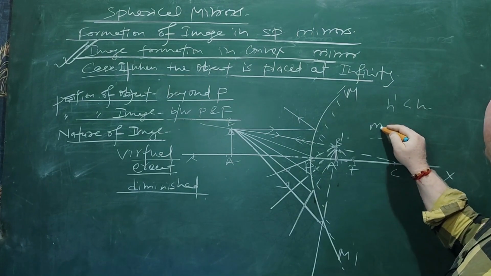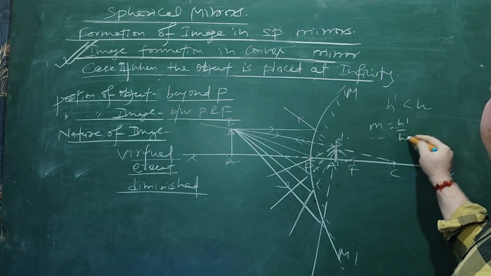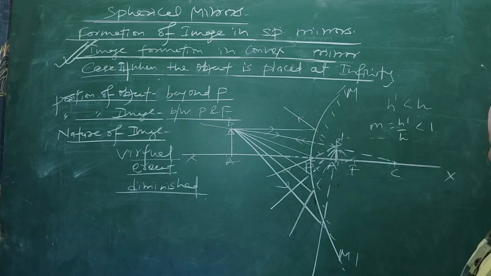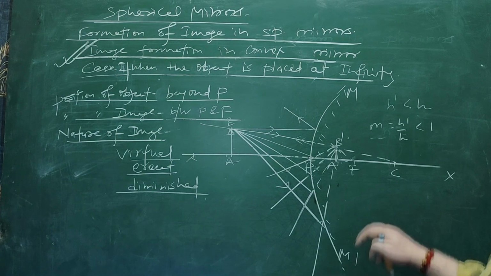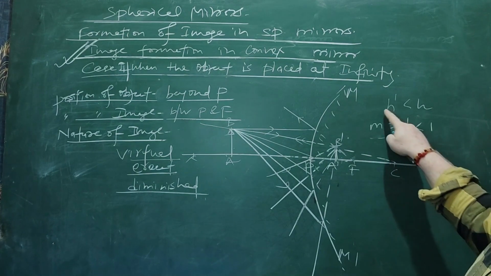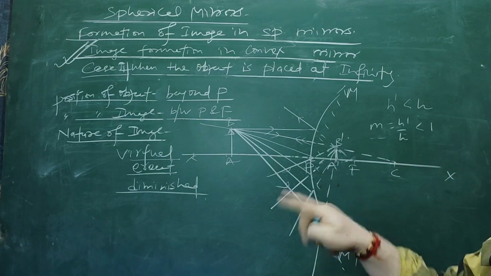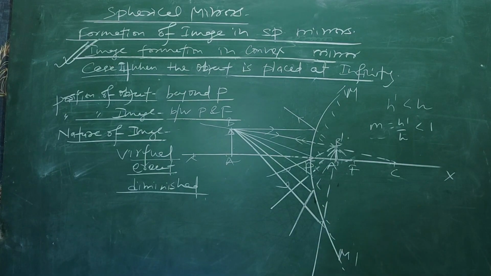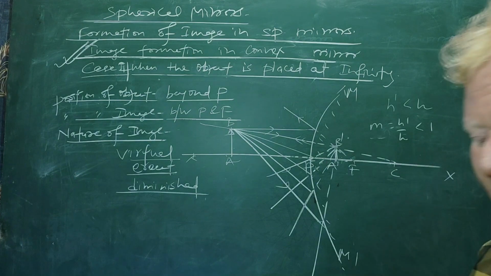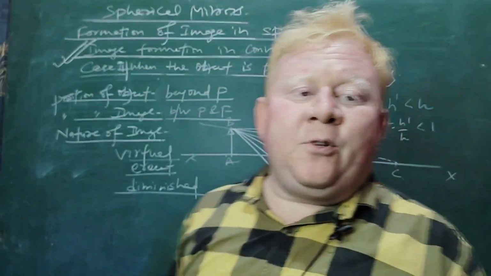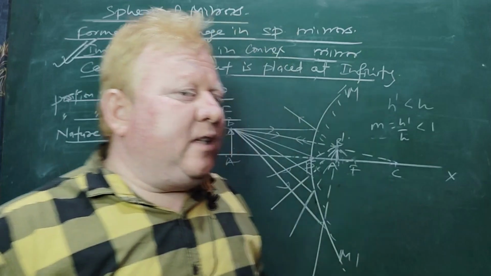You know that m is equal to h'/h, so the m value is going to be less than 1, right? If m is less than 1, the height of the image is less than the height of the object. If m is more than 1, the height of the image is bigger compared to the height of the object. So this way you can go for it. Okay, so that's all for today.